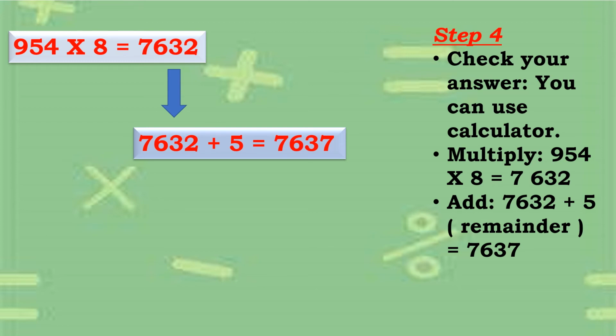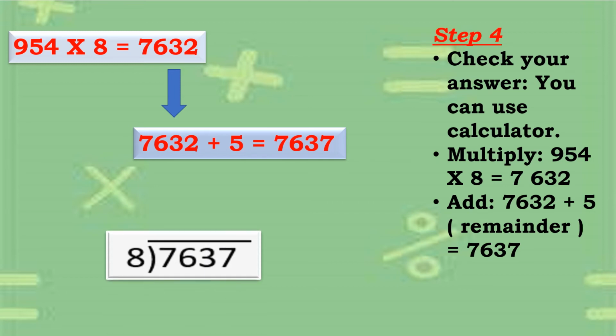So again, children, where did we get 5? 5 is the remainder of our quotient in example number 2. Next, make sure, children, that the sum of 7,632 and 5 is the same as the dividend of our example number 2. That's all.